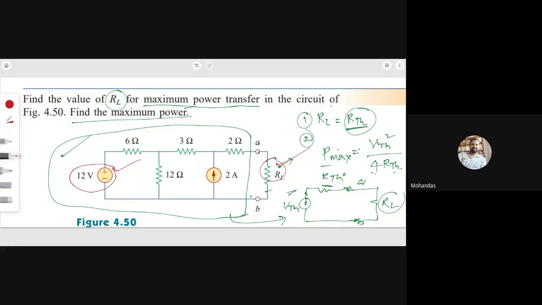Short circuit. Very good. And what about the current source? The current source should be replaced by an open circuit, and the voltage source is replaced by a short circuit.